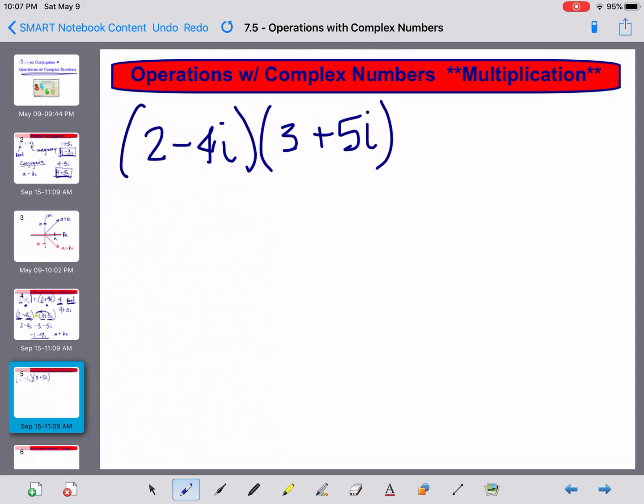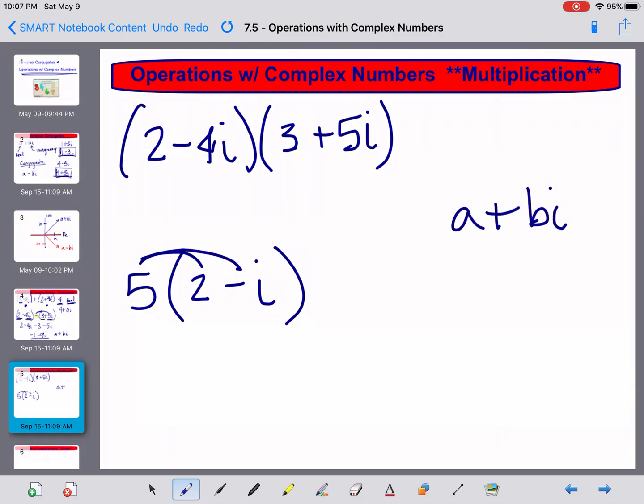Instead of doing two of these complex numbers, let's just start with something basic. So let's go 5, let's just go 2 minus i. So still multiplying, but now I'm just dealing with a monomial and a binomial term with my complex. So we'd still deal with this just like we would normally. We distribute.